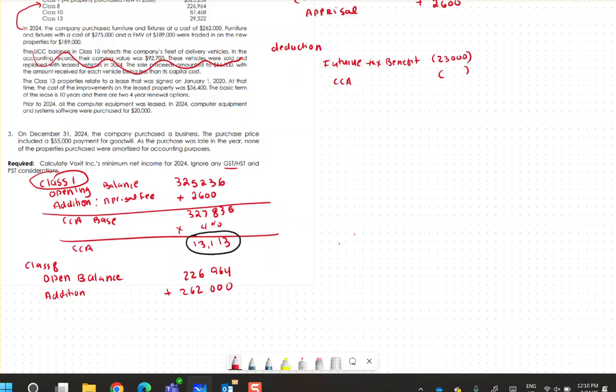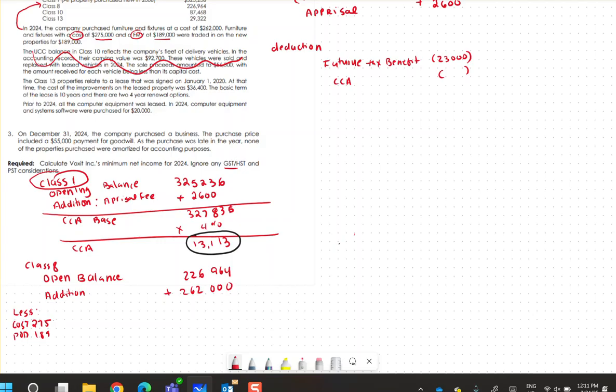262,000. And we have a sale. They said the cost was 275, and the fair market value of the asset was 189, and it was traded for 189. So the cost was 275, and the proceeds were 189.